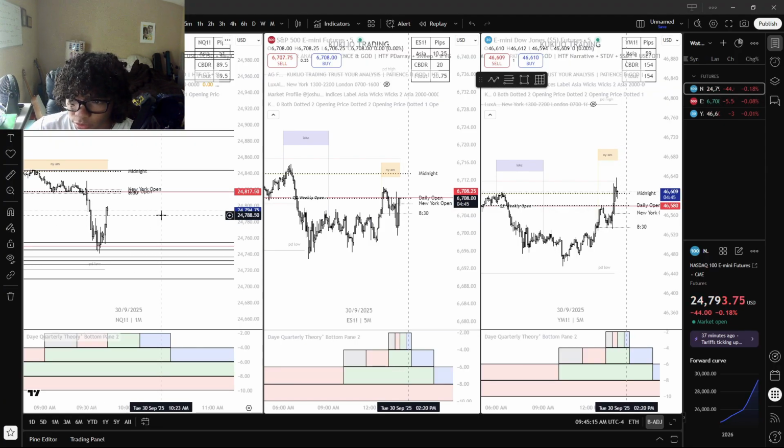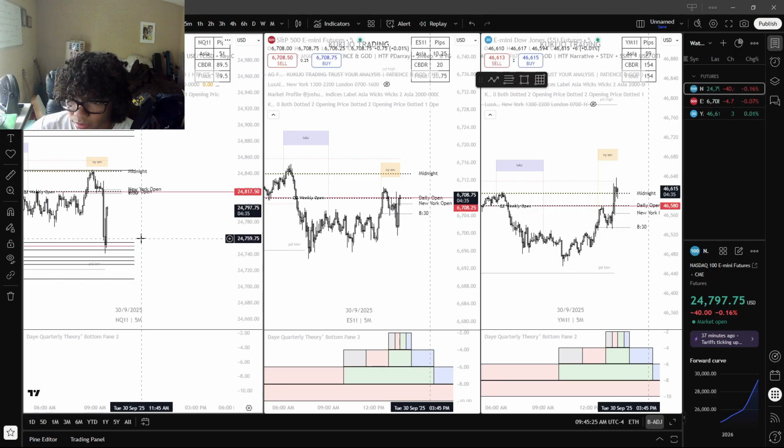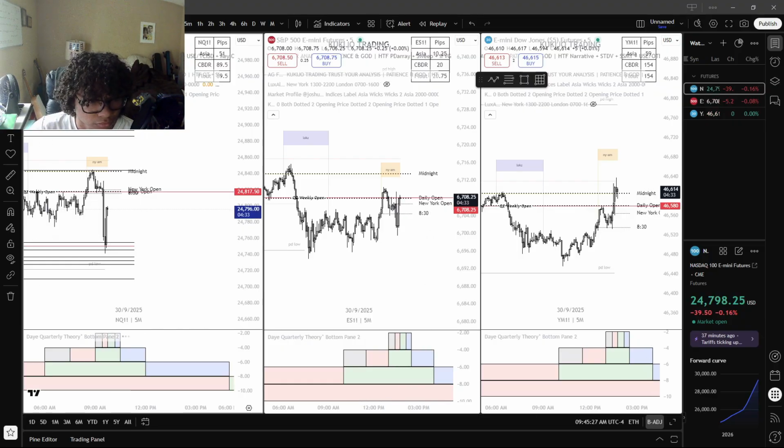I know a bunch of people would be taking this into IFVG entry as well. Alright, I am in this trade. I placed my stops below the second fair value gap that formed.